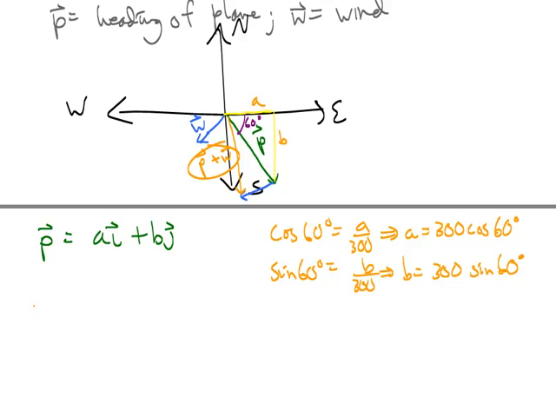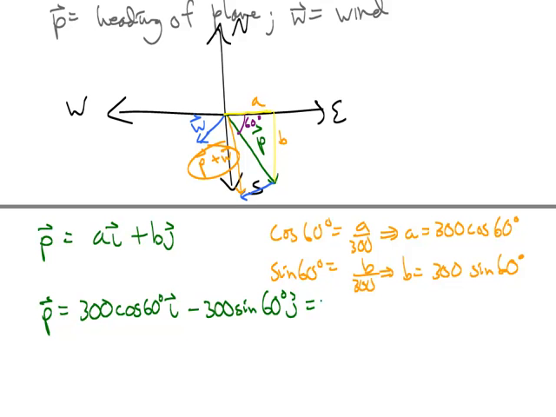And so I can represent my vector P here as 300 cosine of 60 degrees i. But now notice that B is going in the negative direction. So I'm going to write this as minus 300 sine 60 degrees j.